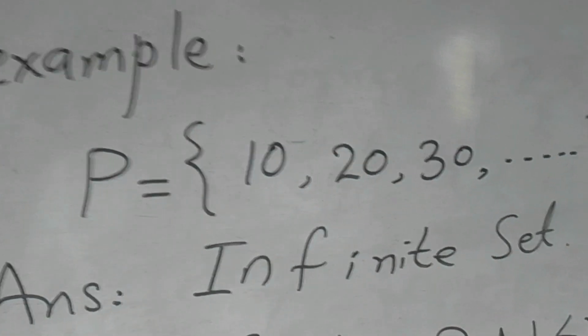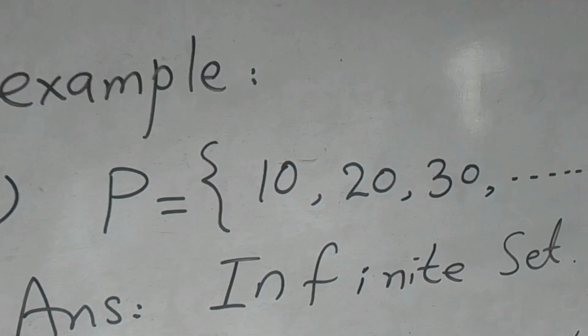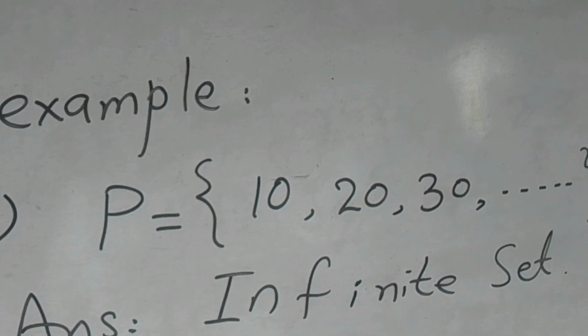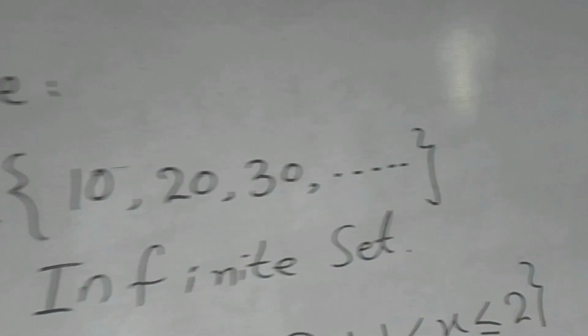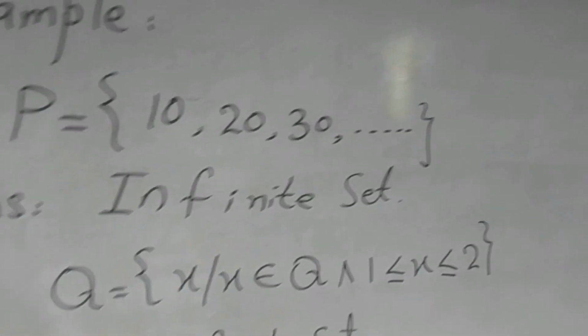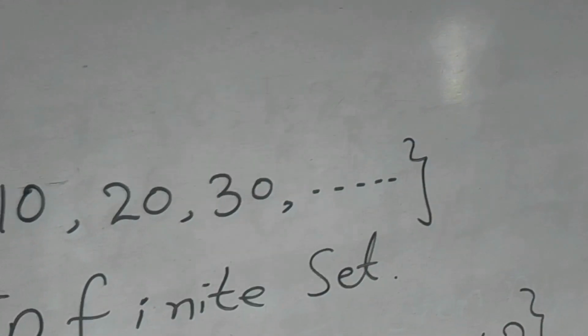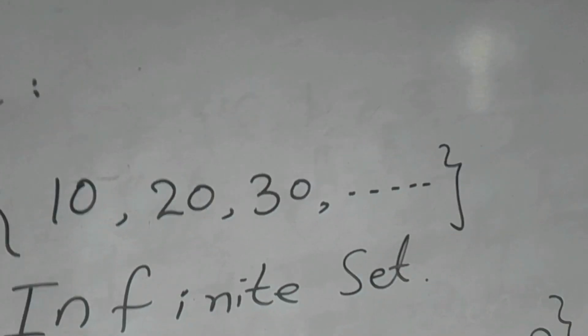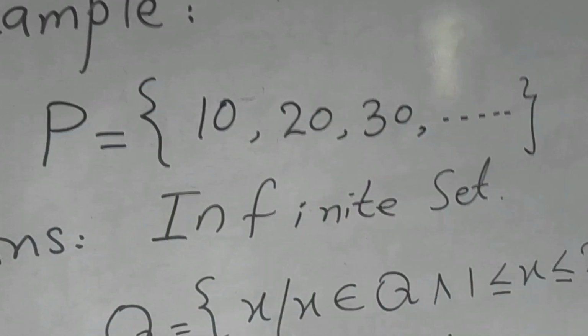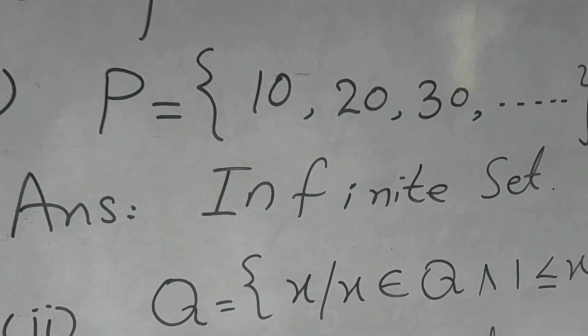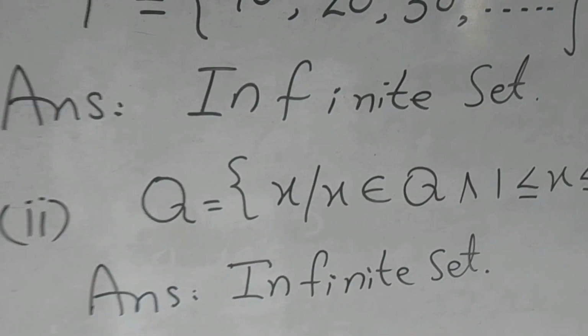We can see that the numbers increase by 10: 10, 20, 30, 40, 50, 60, 70, 80, 90, 100 and so on, but it does not end. So it is unlimited, uncountable. So that is called the infinite set.